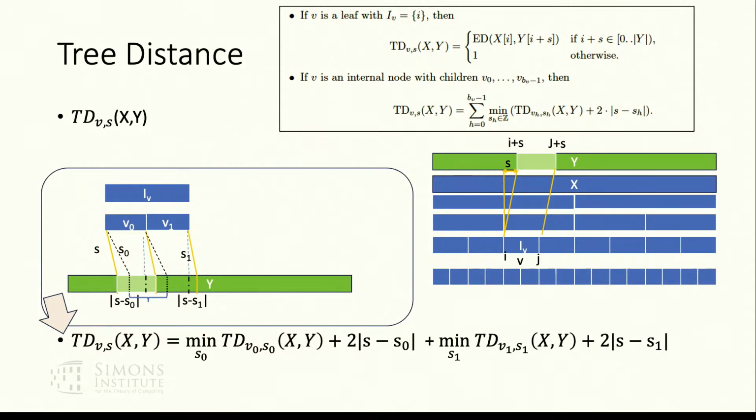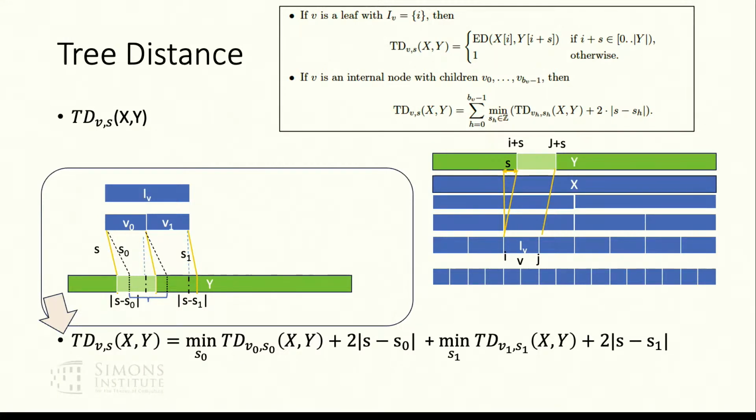And you have this shift S. V is saying, compare me with the interval i plus s, j plus s in Y. The children will look at this interval in Y, but they will not just consider shift S, they will consider all possible shifts. V0 will consider all possible shifts S0, and look at whatever tree distance has been computed recursively.